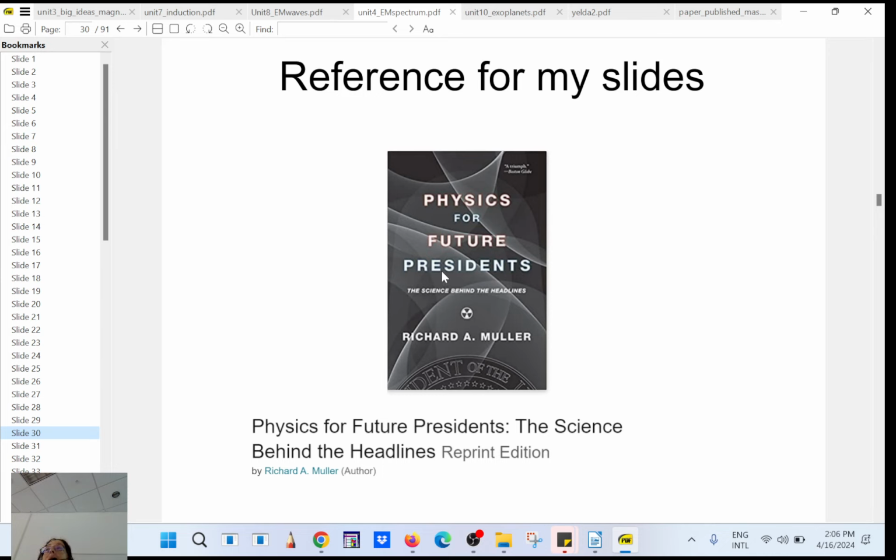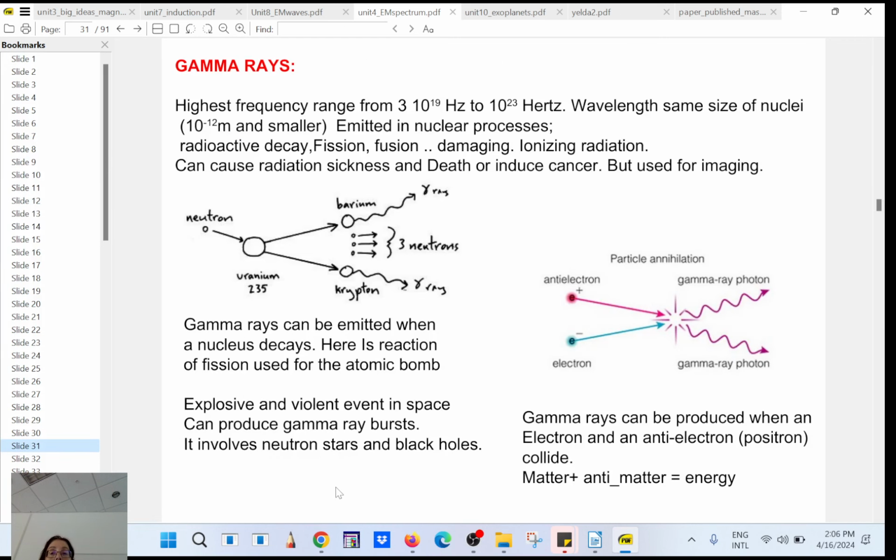There is no algebra, just arithmetic from time to time, but not that much. It's called Physics for Future Presidents. Or you have another version, called Physics Behind the Headlines. If you go into the medical field, it's very interesting to read. Physics for Future Presidents or Physics Behind the Headlines. You can rent the book for $6. Very interesting.